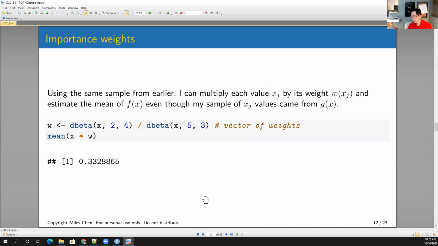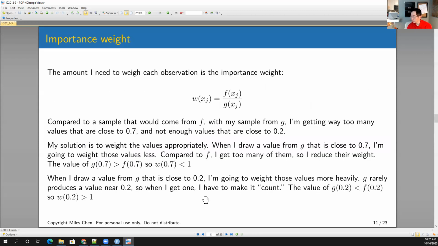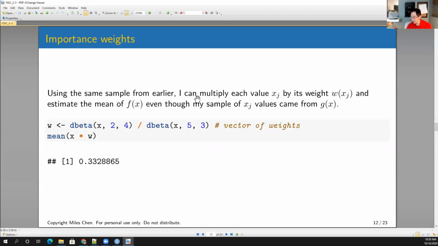All right, and so these weights can just be calculated by taking the ratio between the densities. Okay, so I can take the exact same sample from earlier, and all I have to do is multiply each of these values x by their weight.